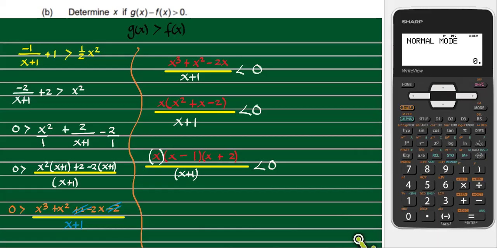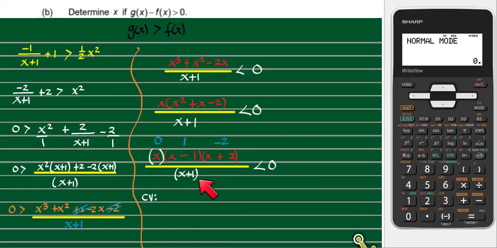So when I draw my critical values, all right, so I know when I solve this one, the first one here, I'm going to get 0. I'm just putting it above. When I solve x minus 1, I'm going to get a 1. When I solve x plus 2, I get a minus 2.